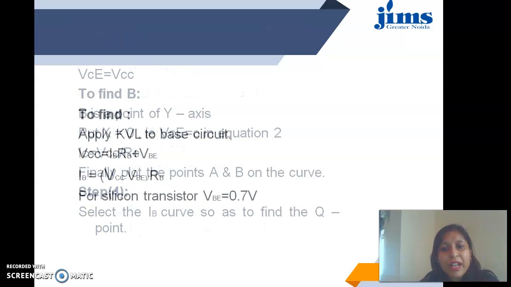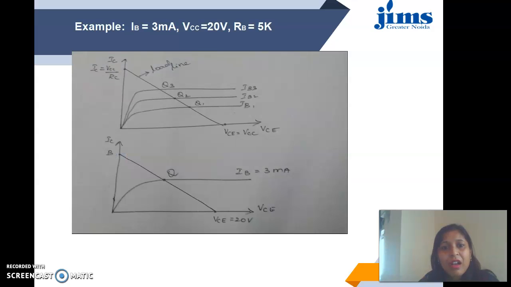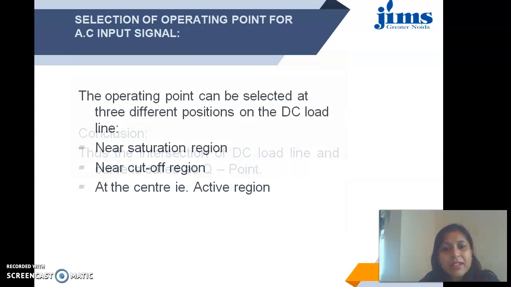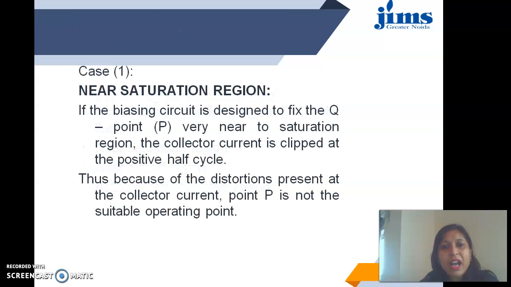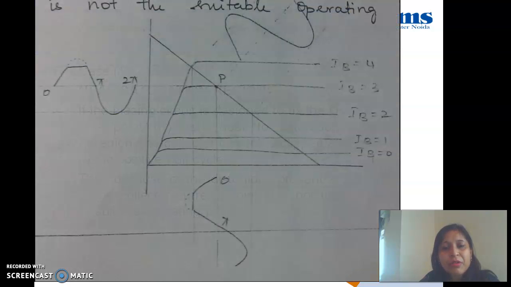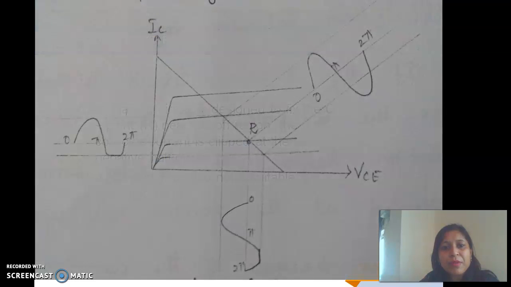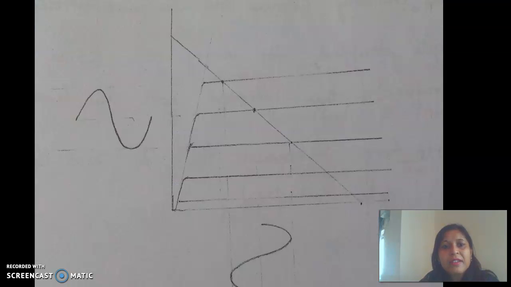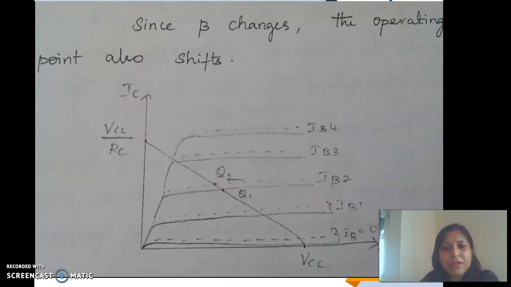After the load line is drawn, we determine the factors on which the Q point shifts, which are beta, VBE, and ICO, and to keep the Q point fixed at its original position, biasing is required.